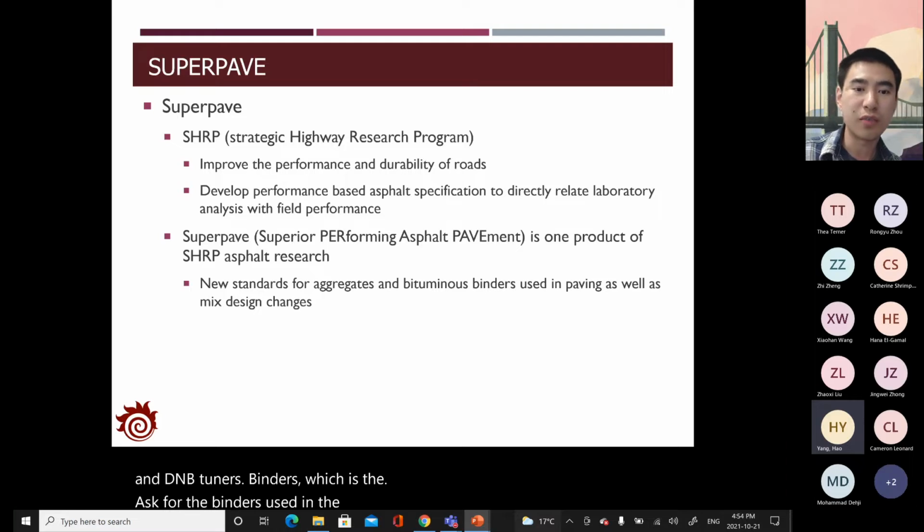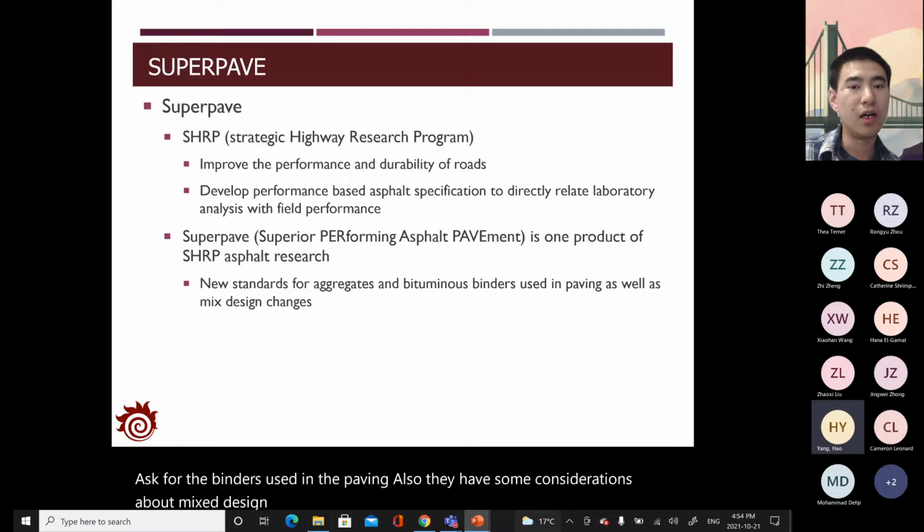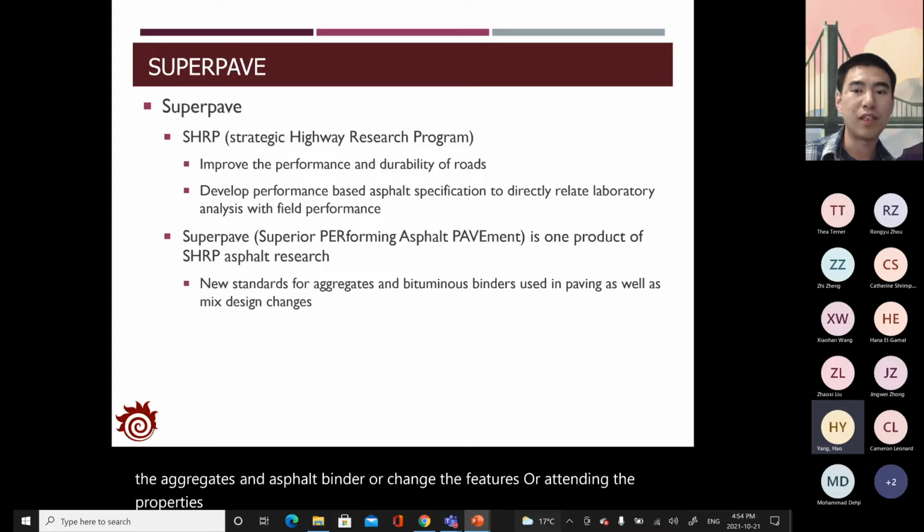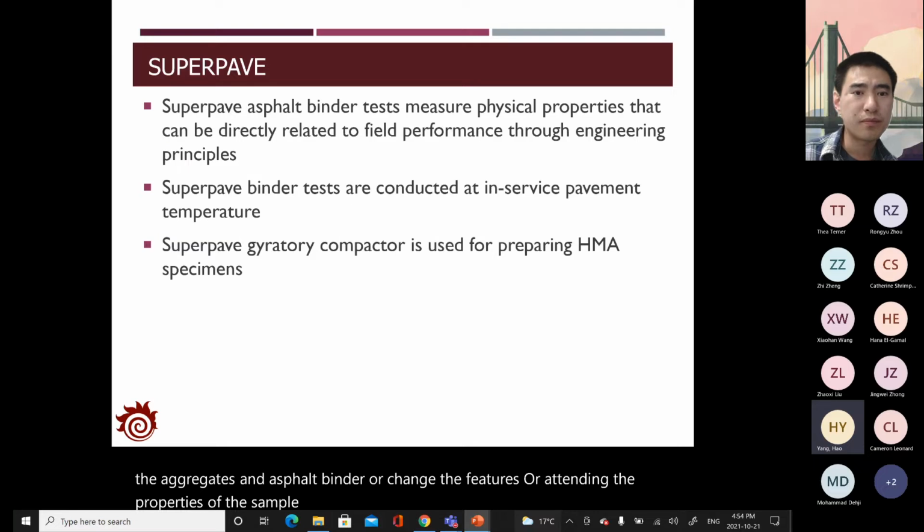Also, they have some considerations about mix design changes, how the mixture of the aggregates and the asphalt binder will change the properties of the specimens.